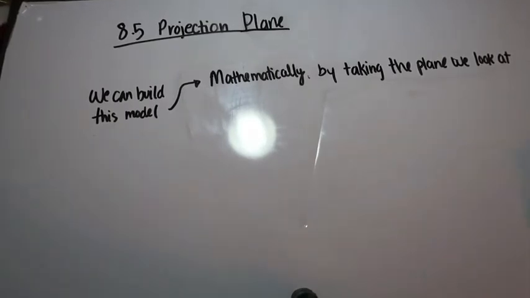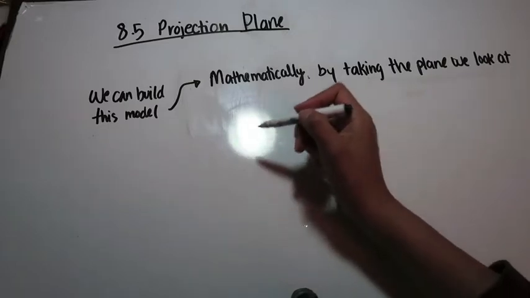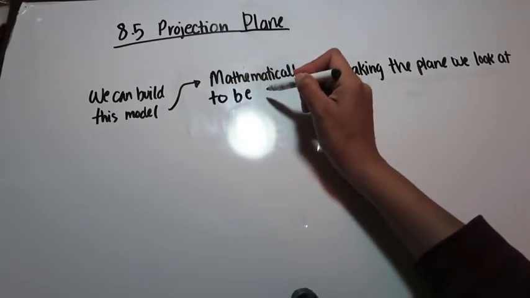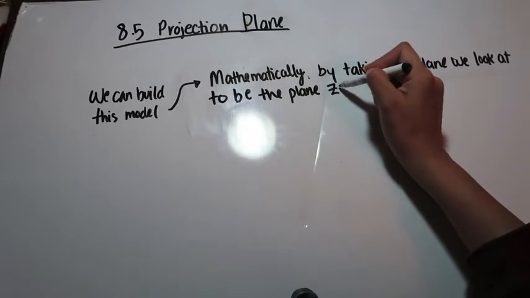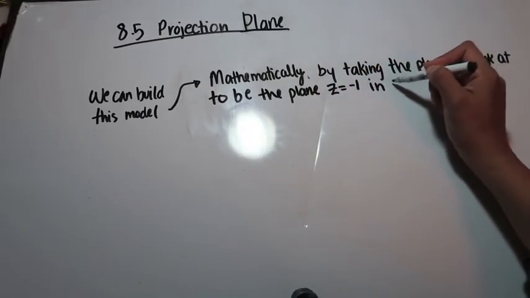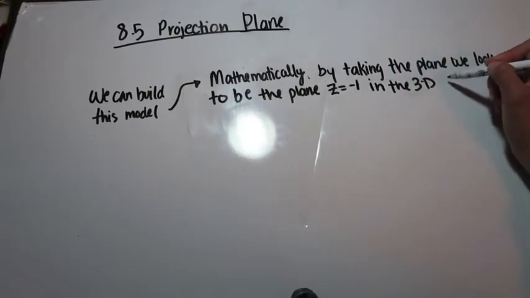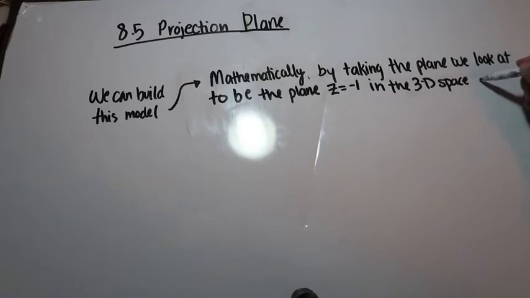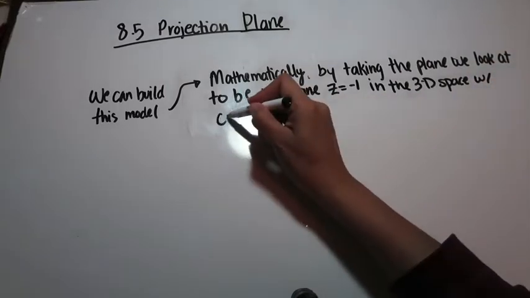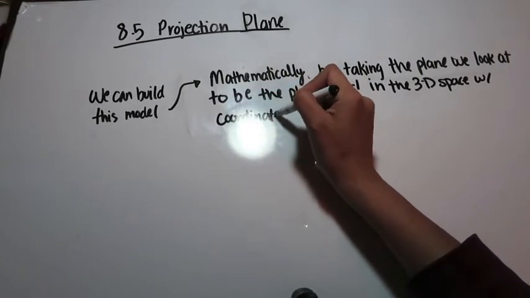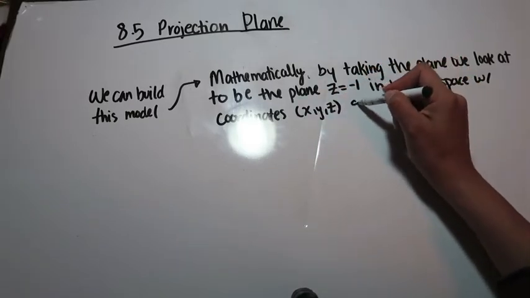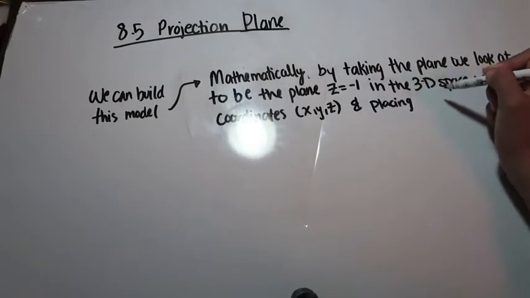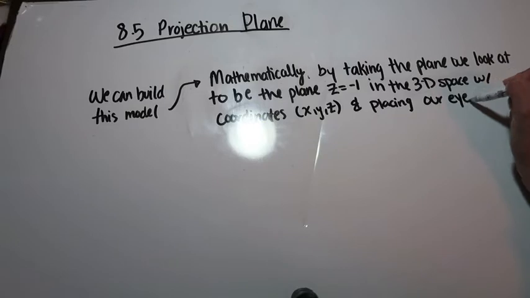So we can build this model mathematically by taking the plane we look at to be the plane z equals -1 in 3D space, with coordinates x, y, and z, and placing our eye at the origin.